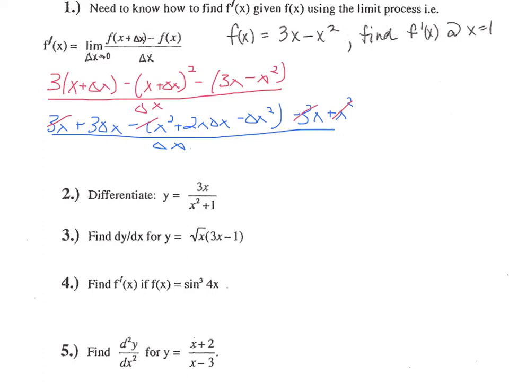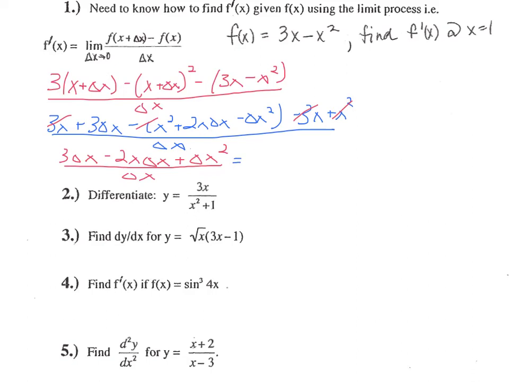So we're going to be left with 3 delta x minus 2x delta x plus delta x squared all over delta x. And we can cancel out a delta x.